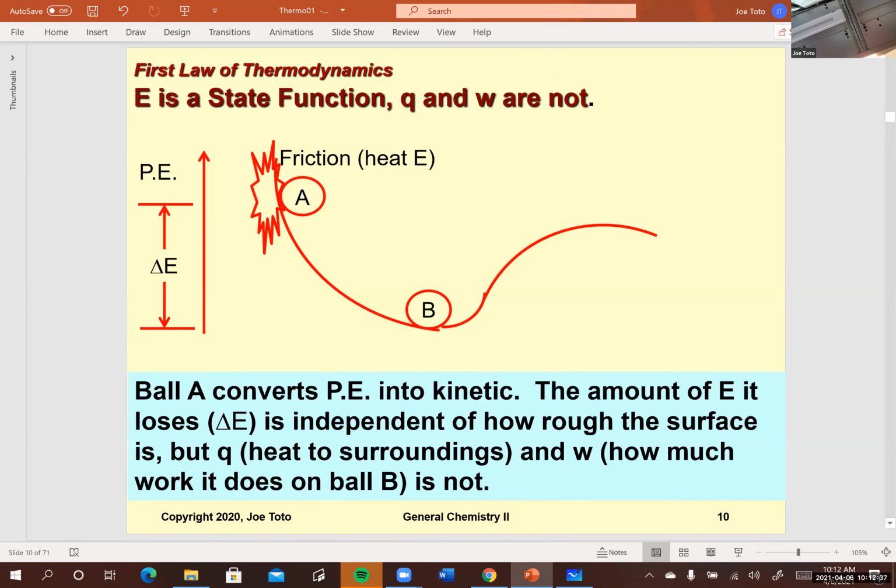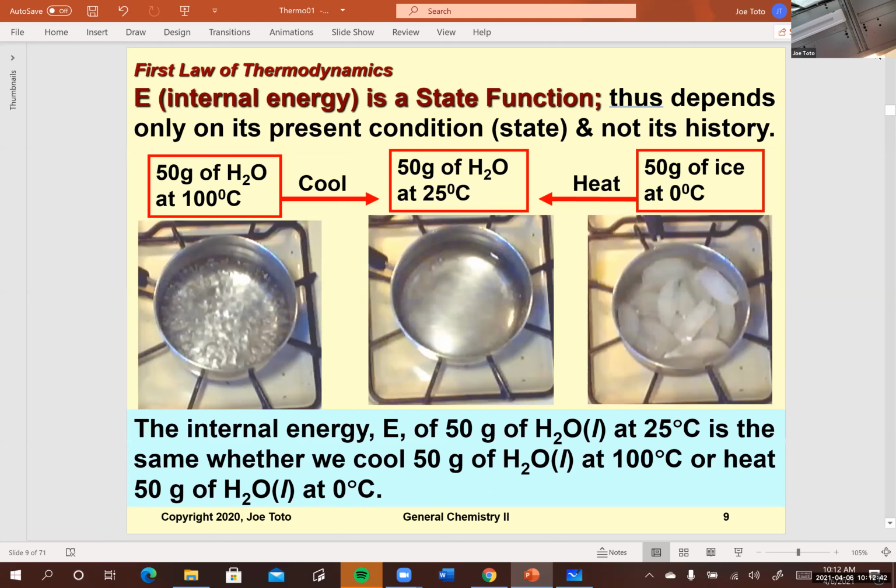Now, some other properties we're going to have to remember or learn, and that is the property of being a state function. It turns out that energy or internal energy of a system, like a reaction, is independent of how it got there. It just depends on what state it is at that point in time. You know, is it liquid, solid, gas? How many moles of whatever it is exist, and so forth.